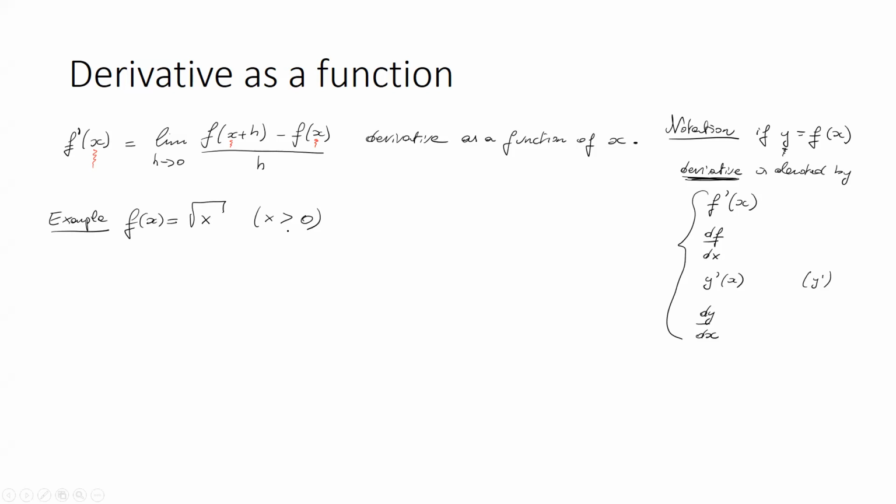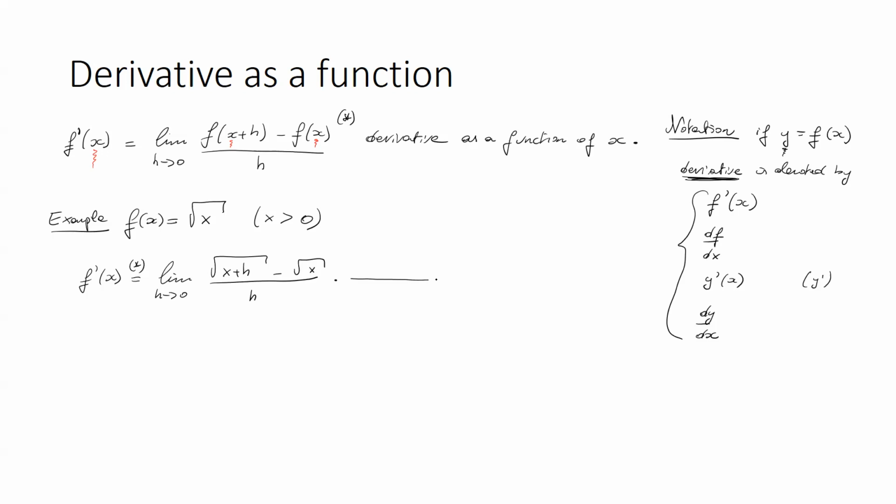So let's calculate the derivative, and let's use our limit formula for that. So f prime of x is the limit as h goes to 0 of square root of x plus h minus square root of x, divided by h. That's just the formula that I had up here. That's formula star. And now we can calculate that limit.